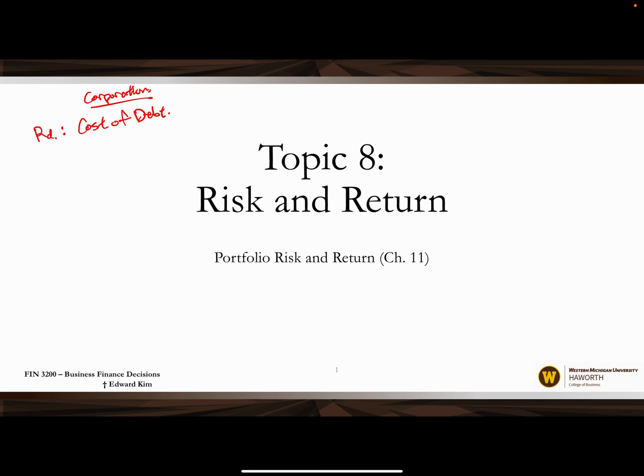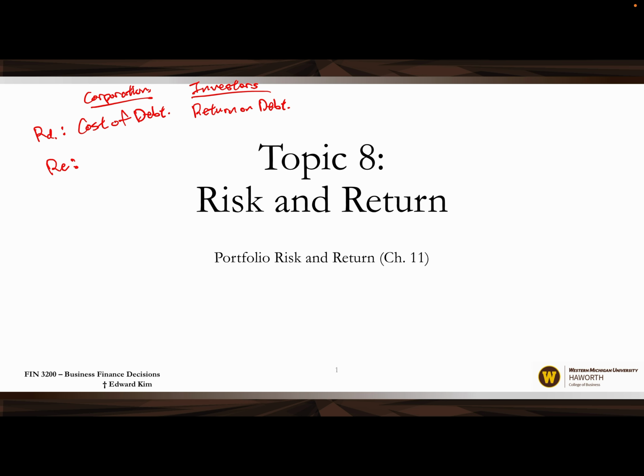But if you look at it from the investor's perspective, then it's their return on debt, return on bonds, return on debt instrument, debt security, however you want to call it. It's the return, and from the corporation's perspective, it's their cost.